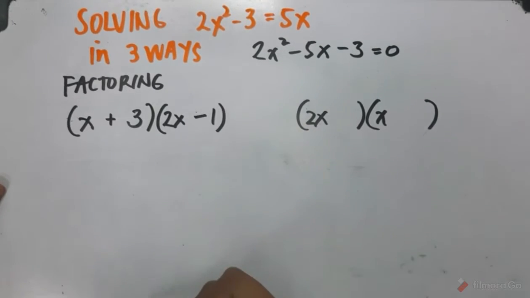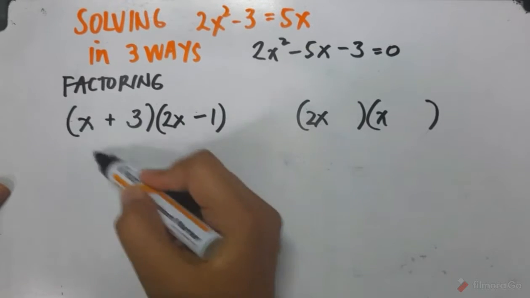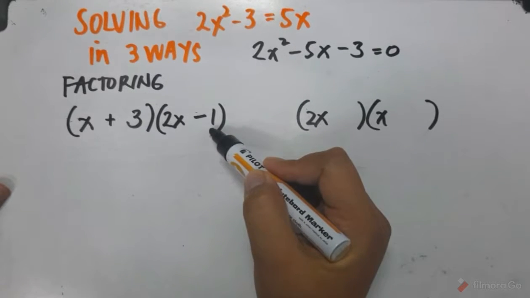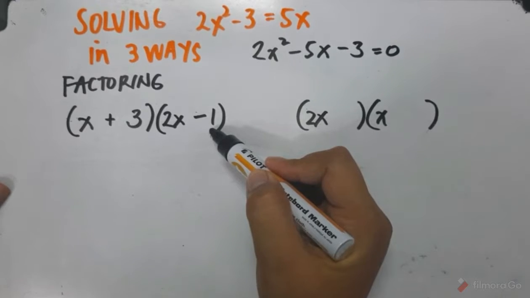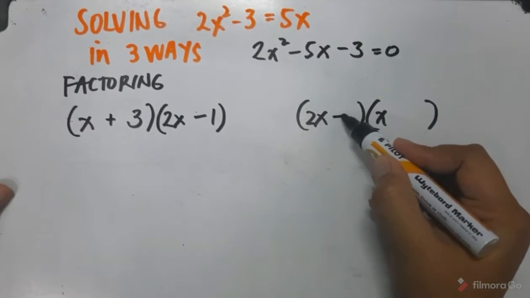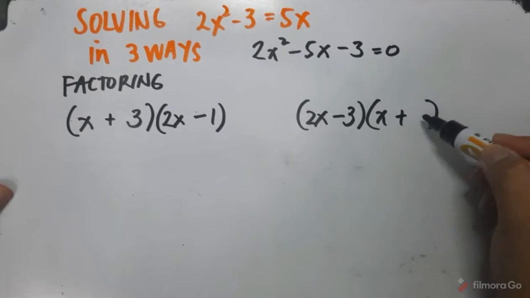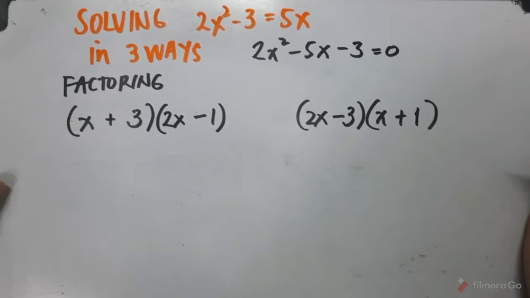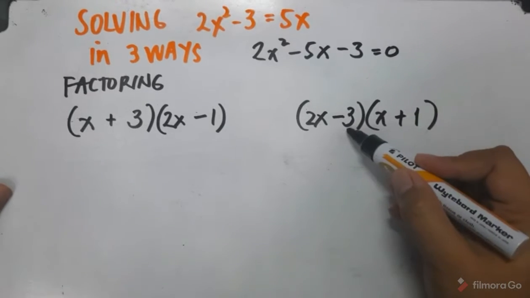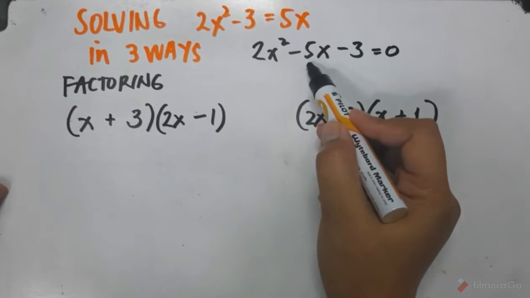Okay, and then we check. So this is positive 6x and minus 1x. So it's not negative 5. So let's try this. Negative 3 and positive 1. This is negative 3x and positive 2x, which is still not negative 5x.